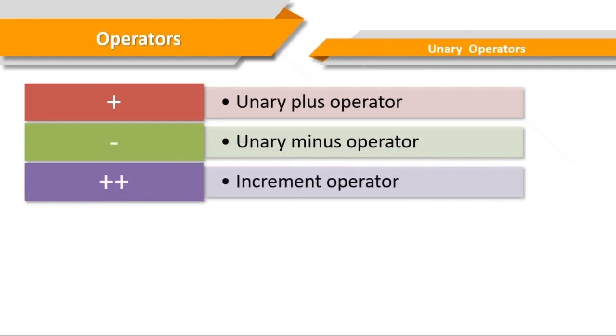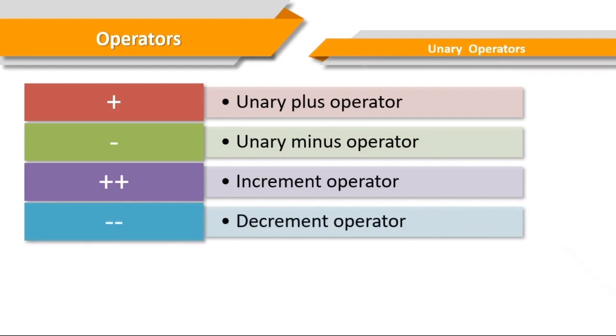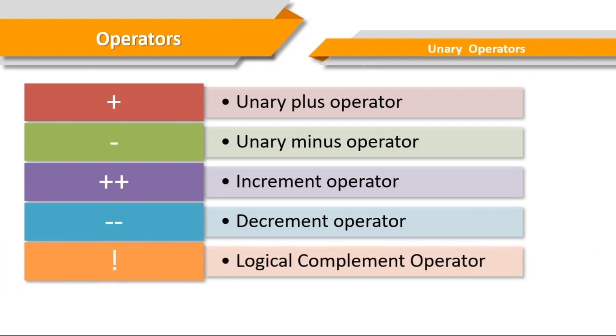The increment operator, plus plus, increments the value by 1. Minus minus, the decrement operator, decrements the value by 1. And the exclamation mark is the logical complement operator. It inverts the value of a Boolean.